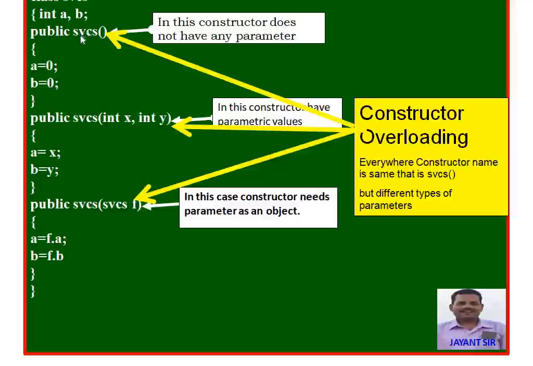Observe that everywhere the constructor name is the same, SBCS, but with different types of parameters. Here there is no parameter, here two parameters, here an object. So this is known as constructor overloading.